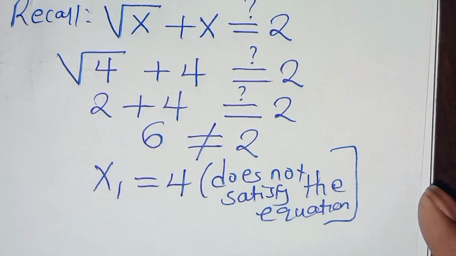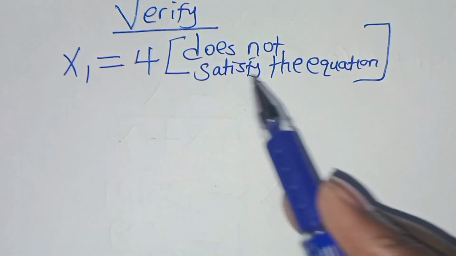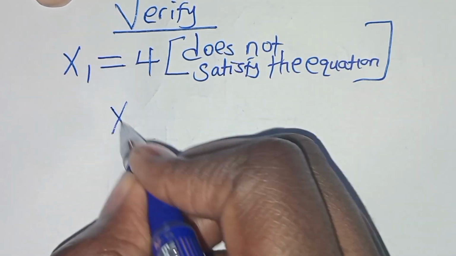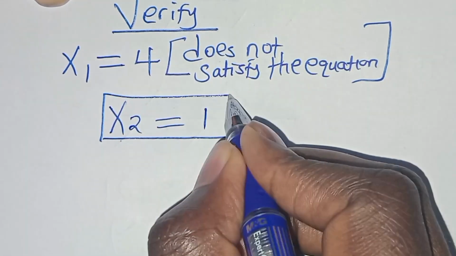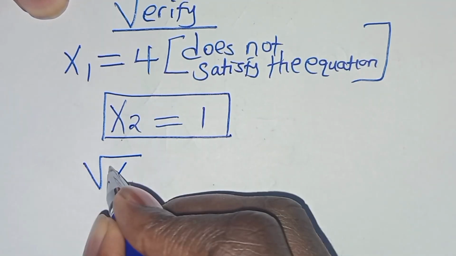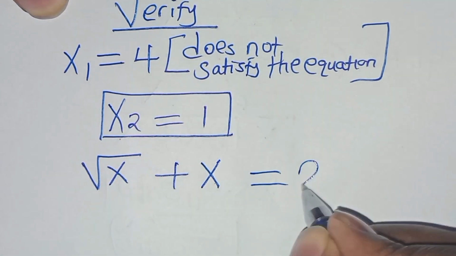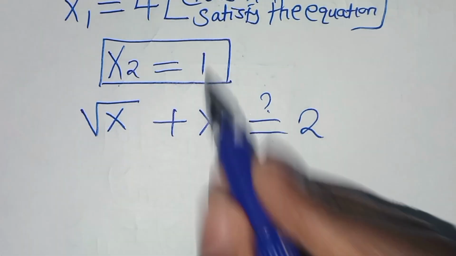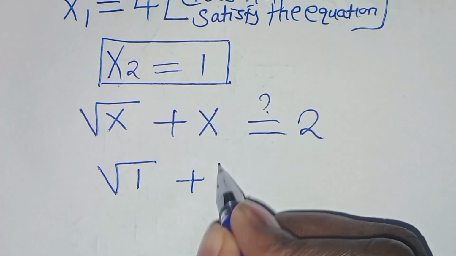So let's check x2, which is equal to 1. Again, we have the square root of x plus x, which is supposed to give us a value of 2. Let's substitute x2, which is 1. So we have the square root of 1 plus 1.